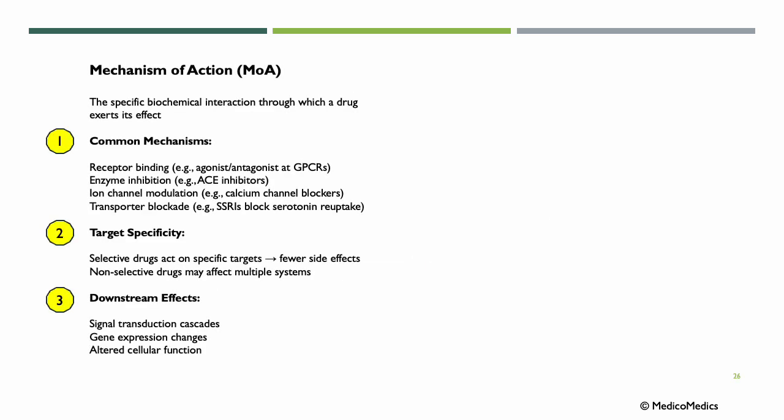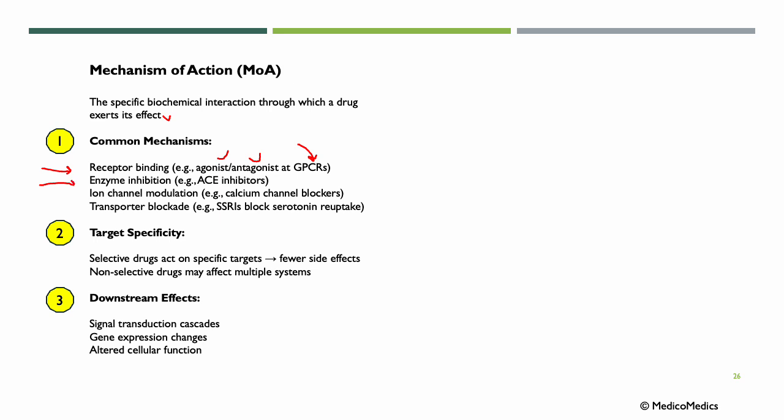Now, the mechanism of action describes the specific biochemical interaction through which a drug produces its effect. Now, drugs can act in a variety of ways, either through receptor binding, for example, as an agonist or an antagonist, such as those targeting G-protein coupled receptors.